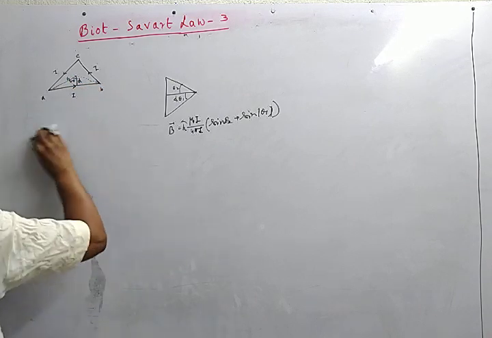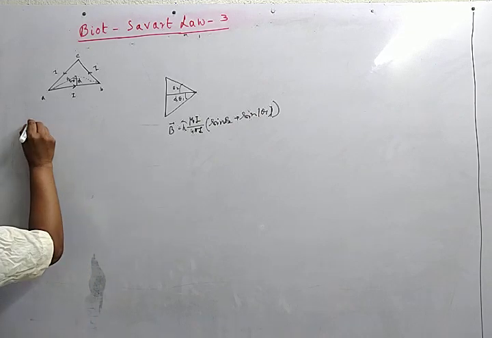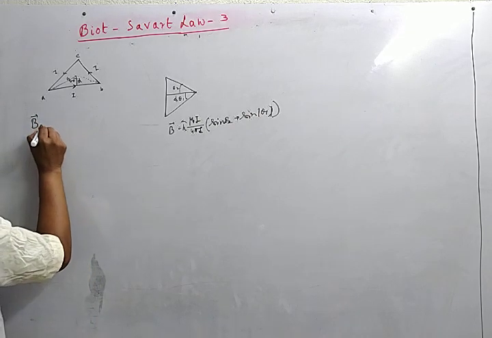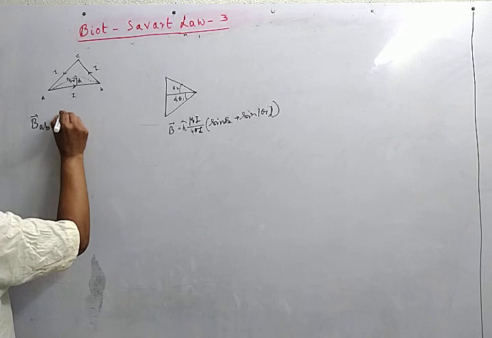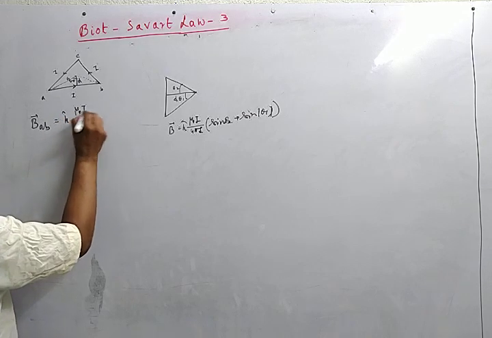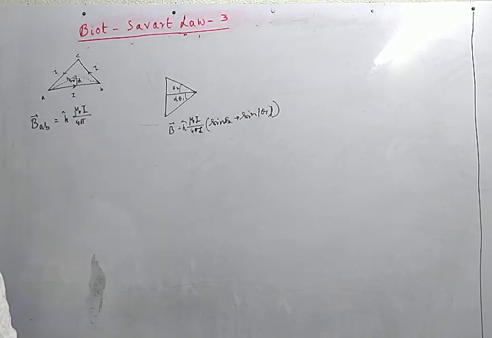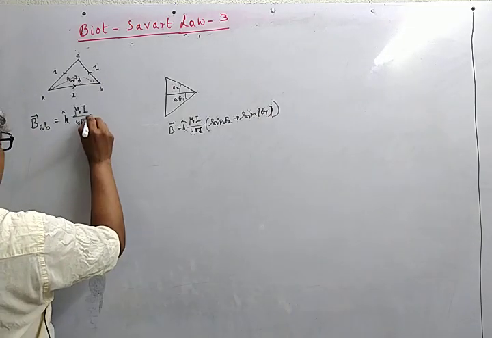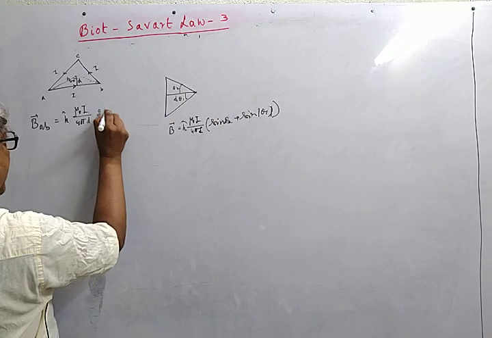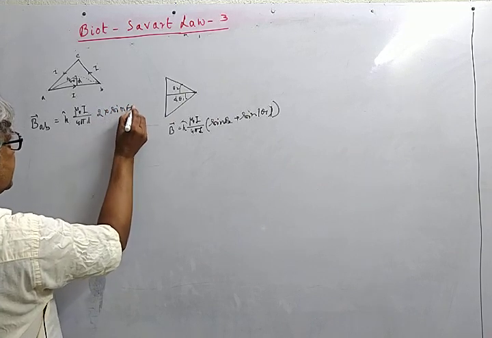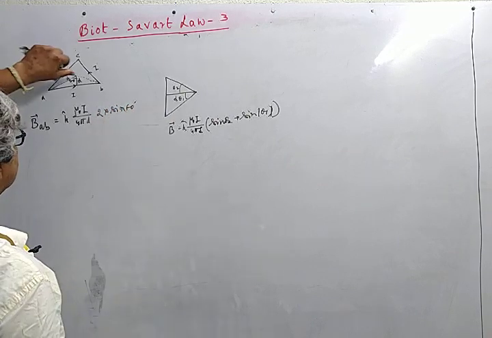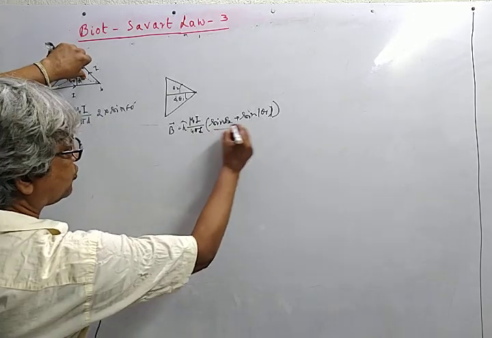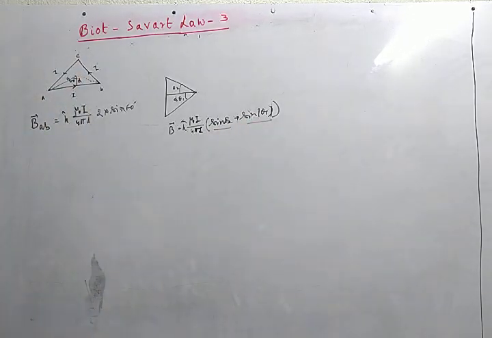So the field due to the side AB is k cap times mu 0 I by 4 pi d times 2 sine 60 degree, because this angle is 60 degree, this angle is 60 degree, two contributions of equal amount, so this is 2 sine.